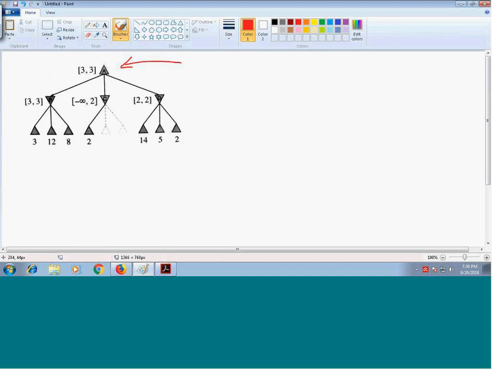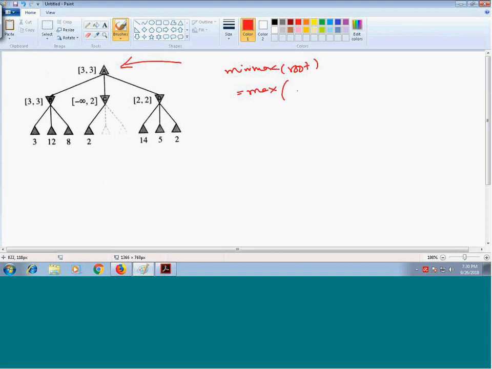What is the minimax value? Okay, we want to find out the minimax of the root. So what would it be? It would be the maximum value across all the three subtrees.